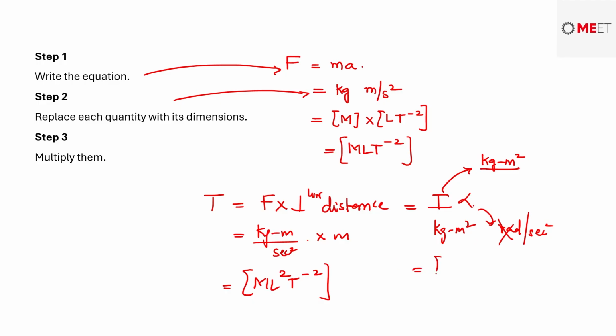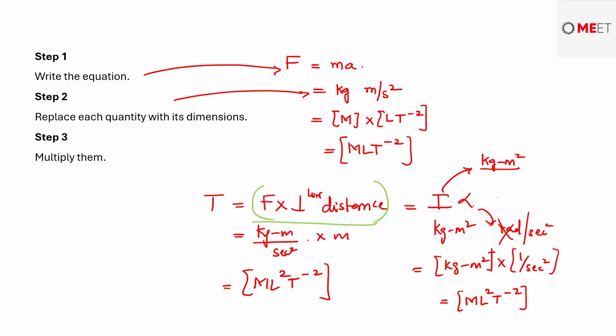So this can be written as kg meter square into 1 by second square. So the dimensional formula is M into L square into T power minus 2. Irrespective of how the torque is expressed, whether force into perpendicular distance or moment of inertia into angular acceleration, the units are going to be the same.